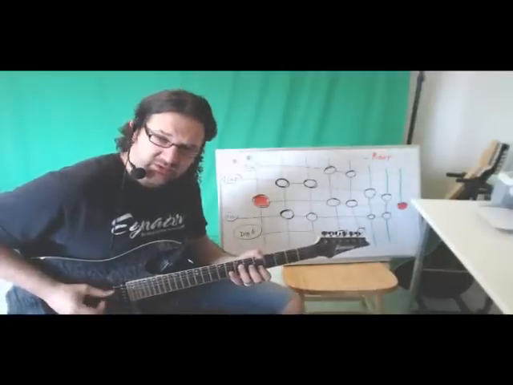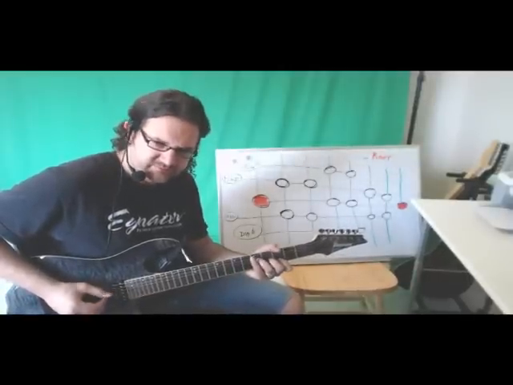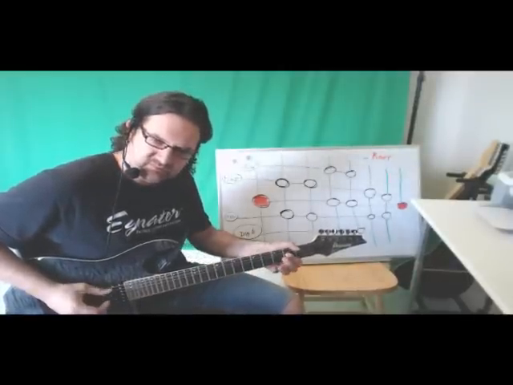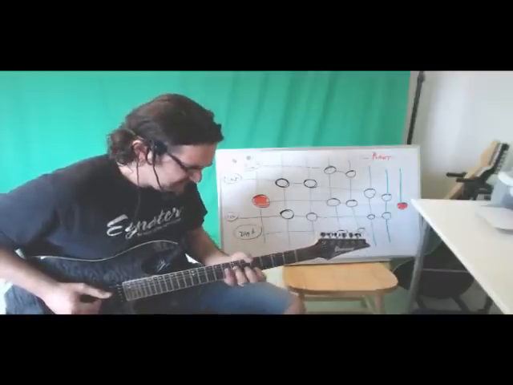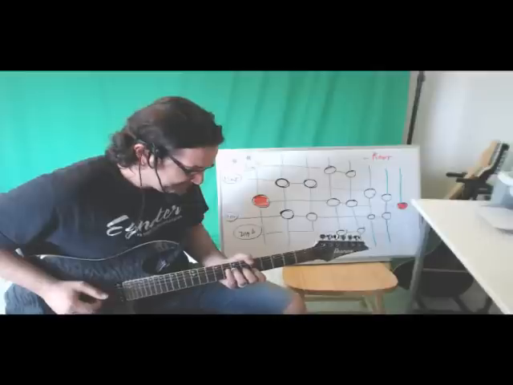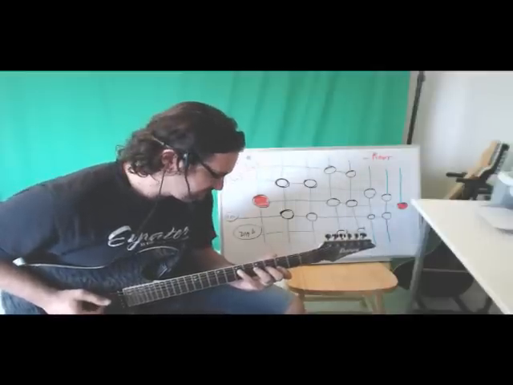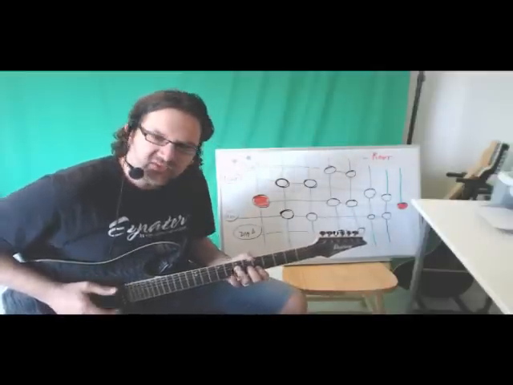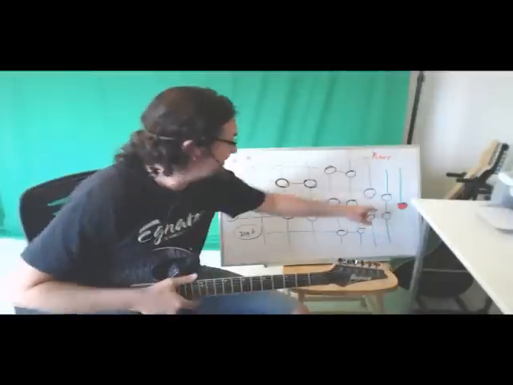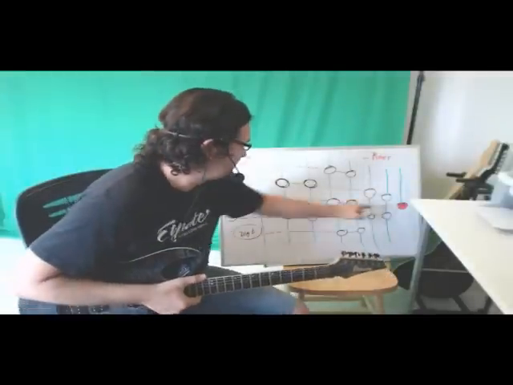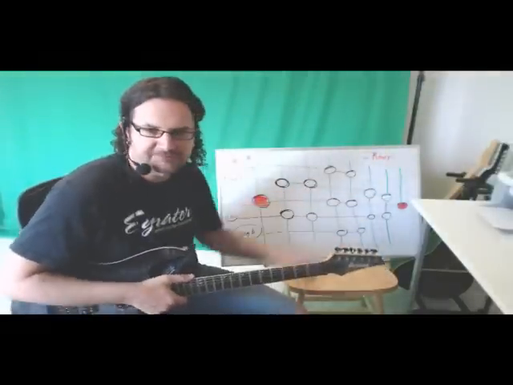This is the root. If I play that note an octave higher, what do we have? All the notes are brought towards this note. Even though it's played an octave higher, it has the same function as the root, okay?